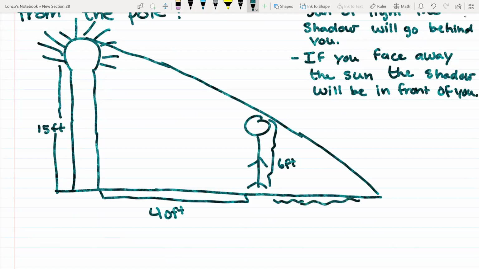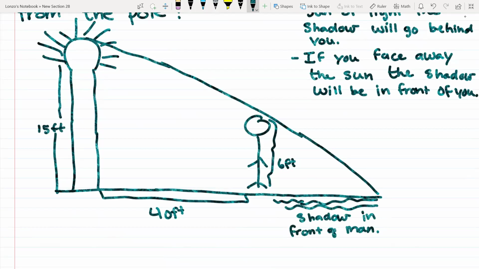So here's the shadow, in front of the man.